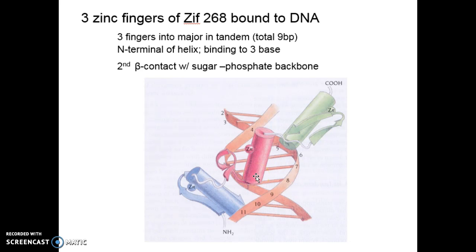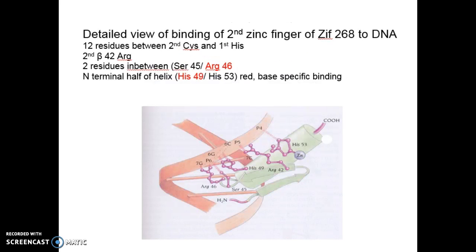The first beta strand in the hairpin does not make any contact with DNA, whereas the second beta strand contacts the sugar-phosphate backbone along one strand of DNA. This slide shows a detailed view of the binding of the second zinc finger in the previous picture to the DNA.